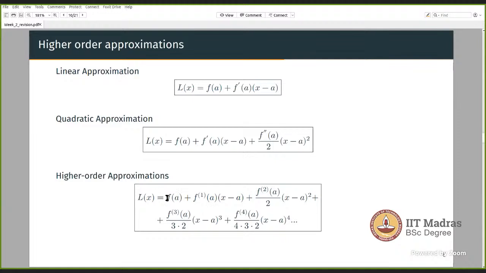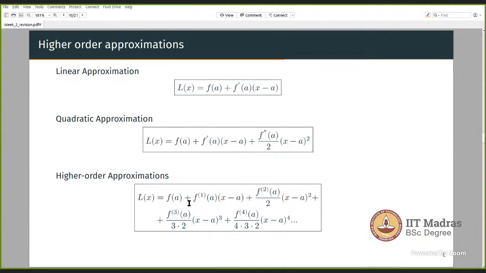So let's say you want linear approximation, you'll stop here. If you want quadratic approximation, you'll also go up to second order terms, second degree terms. If you want a third order one, you will include this, and so on.